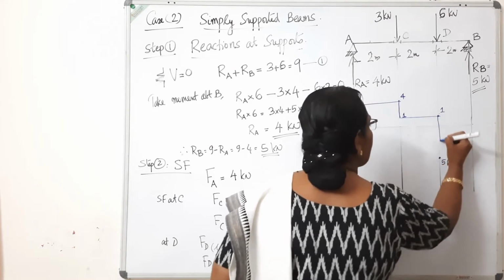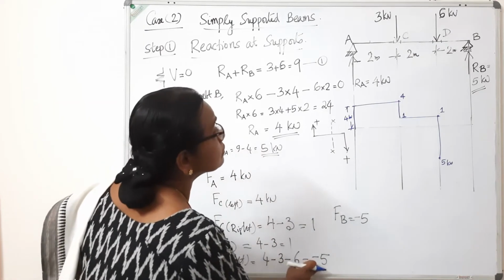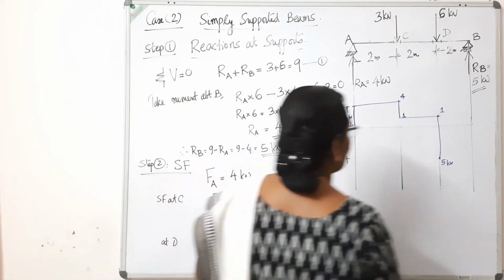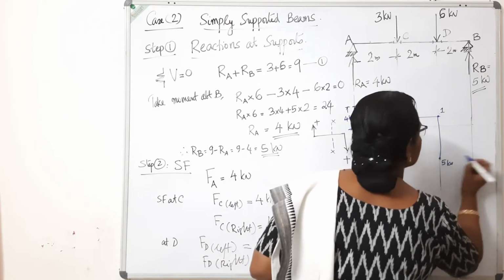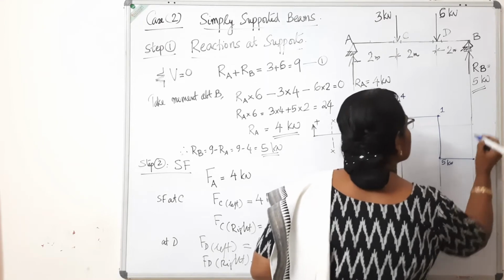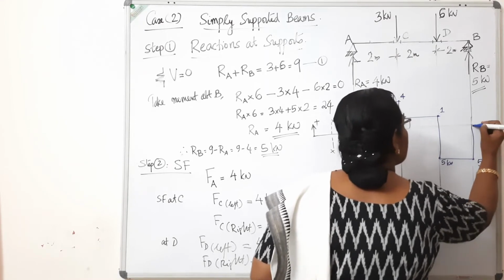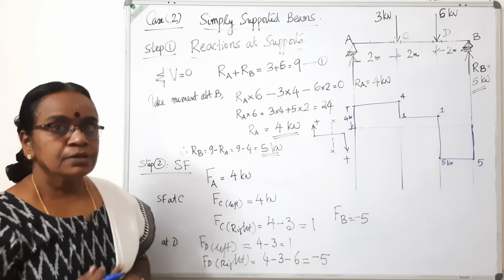Connect it. FB is minus 5, so from here also mark 5 downwards. This is the shear force diagram.